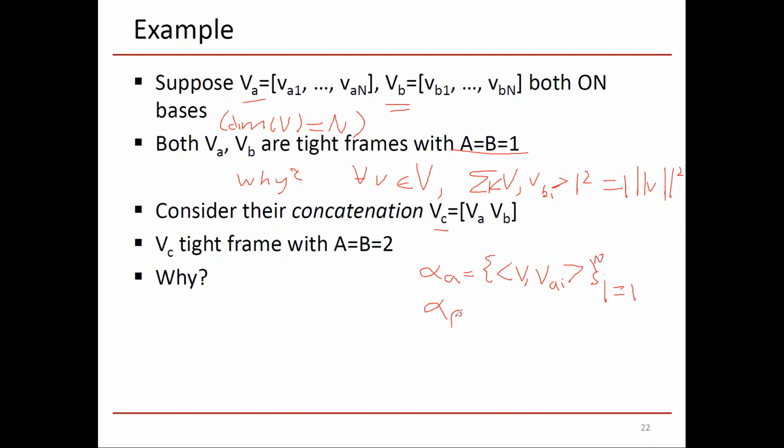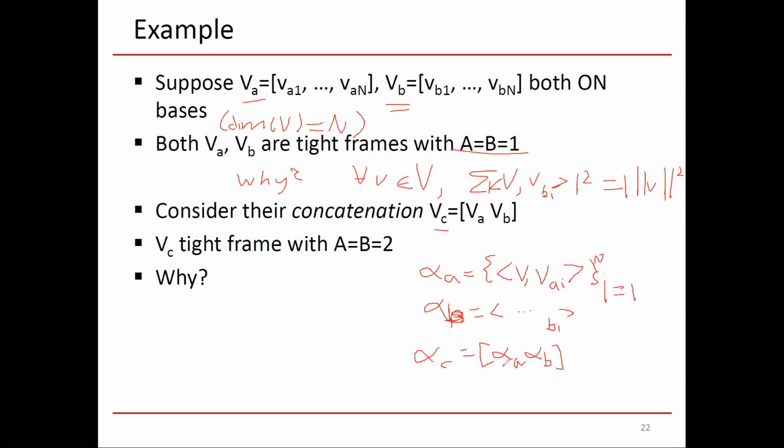Alpha B is the same thing with the VBi's. And alpha C is a concatenation of alpha A and alpha B.